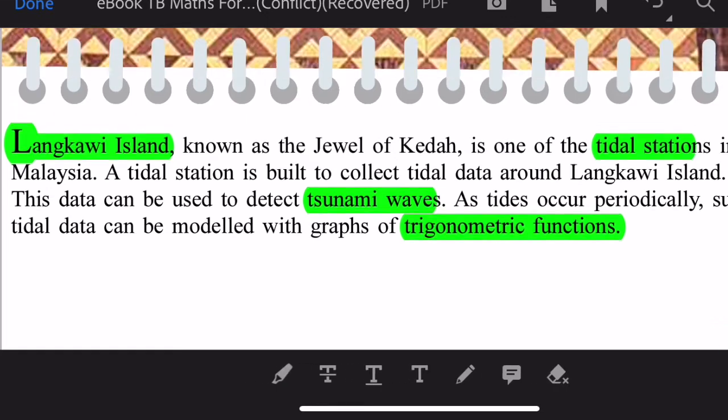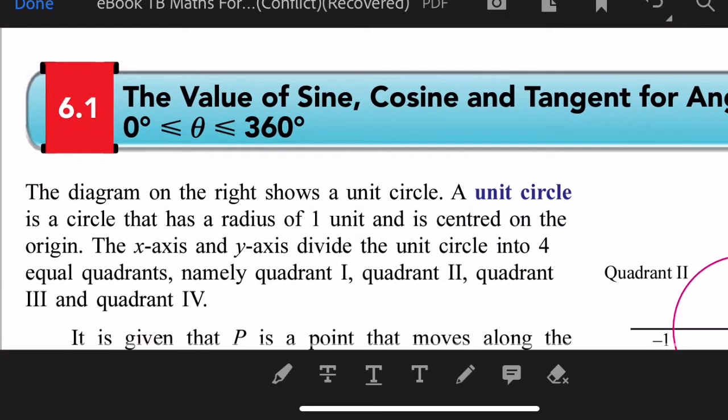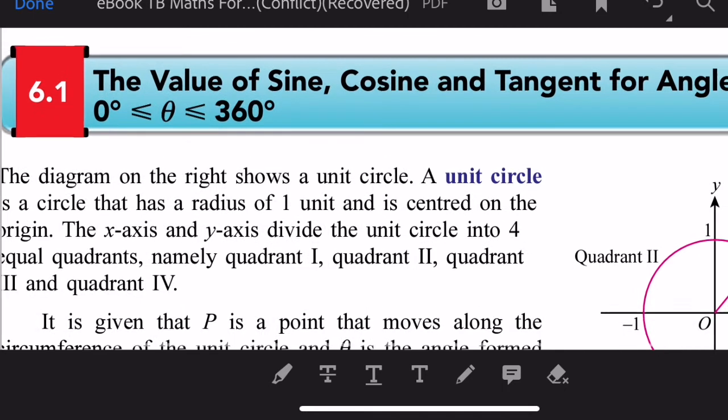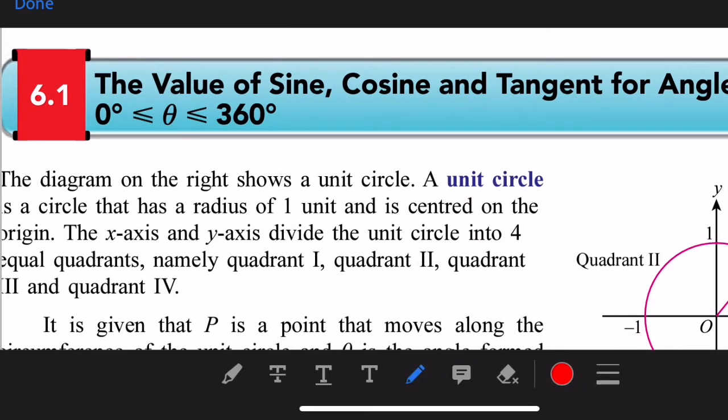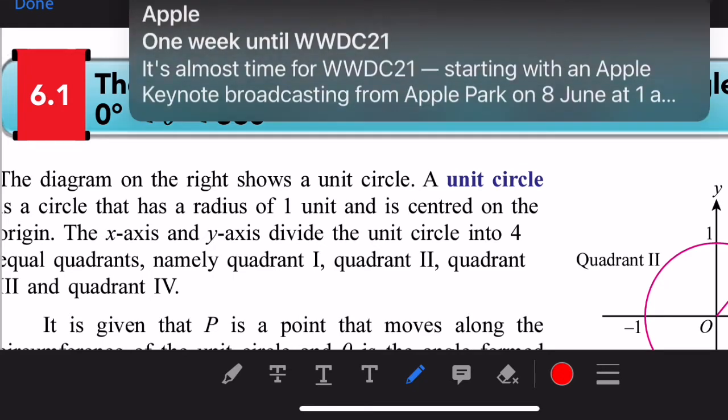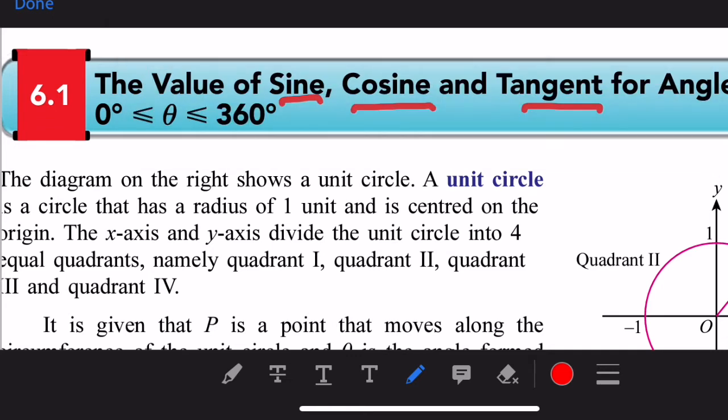Alright, so let's go through the angle. 6.1. The value of sine, cosine and tangent for angle theta. So you need to know the value of sine, cosine and tangent for angle theta from 0 to 360, for one circle.